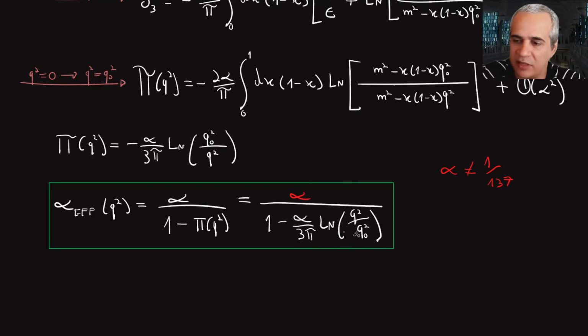So if you keep increasing Q naught to keep the log under control, what will happen is that this reference value here, this constant, which is again not really a constant, has an implicit dependence on Q naught, because this is defined. In fact, this constant, quote unquote, is defined as the value of alpha effective calculated.